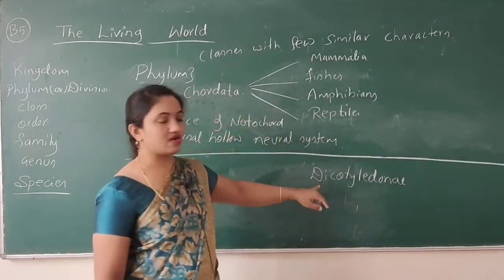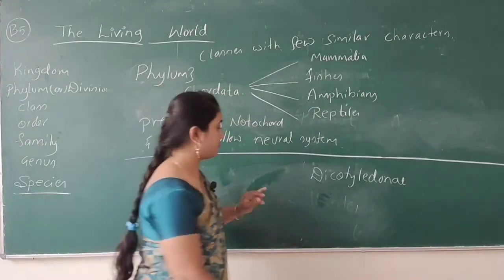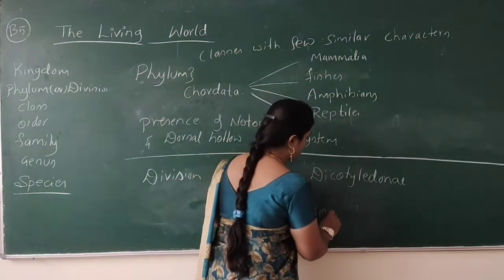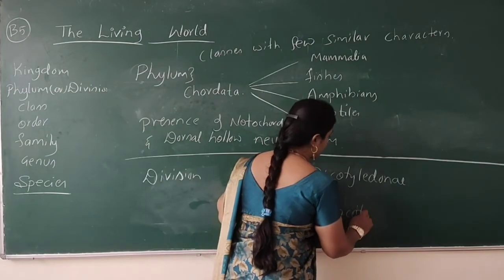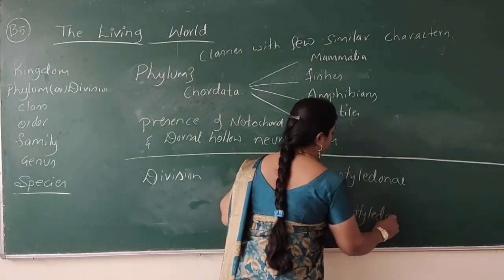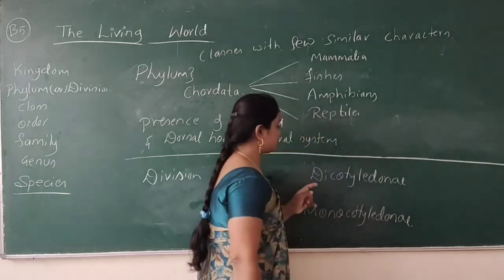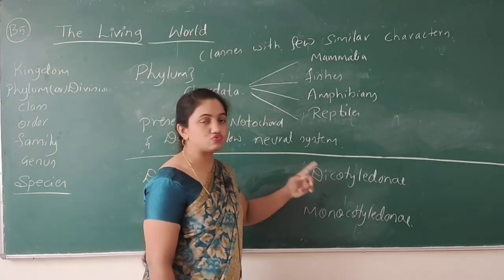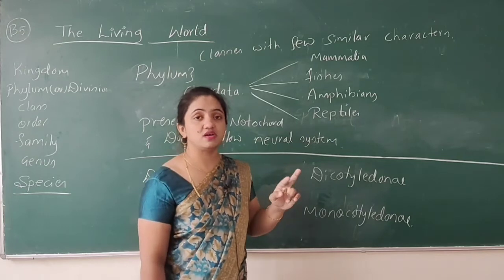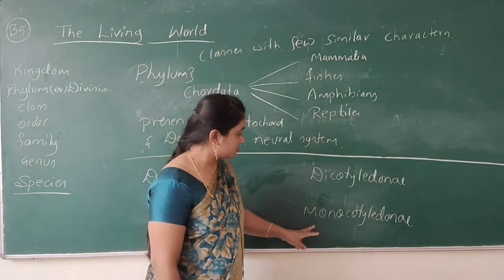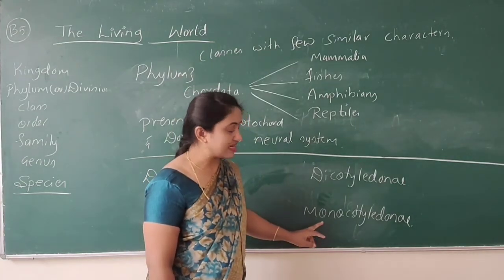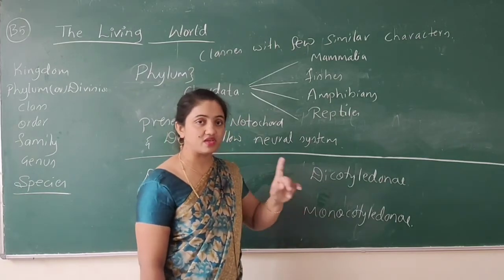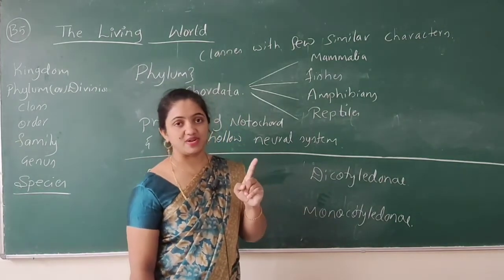One more class name I will write here, that is Monocotyledonae. So what is this? This is one class name, having two cotyledons in the plant species, and this is also one class name, having one cotyledon in plant species.